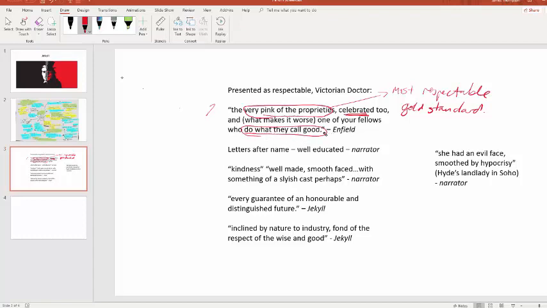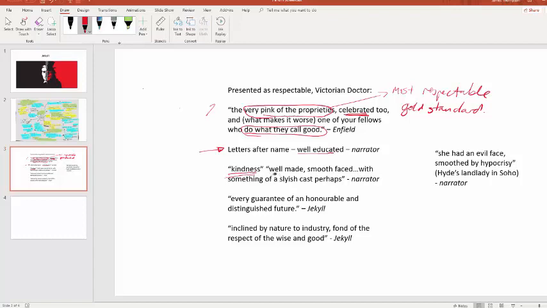He's a do-gooder. He gives to charity, etc. That's what that means. All right. So we've got this point about the fact that when we first meet him, we're told about the list of letters after his name to show he's well educated. We've also the description of him. He's described as having kindness about him, or his face shows kindness.